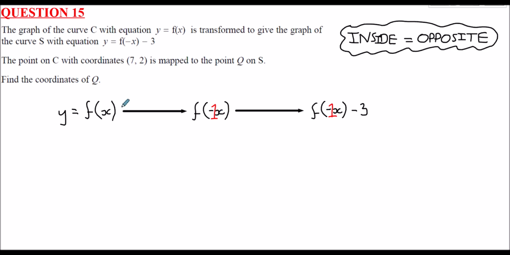So to go from f of x to f of minus x, because it affects the inside of the brackets, it affects x in an opposite to common sense way. So we need to think of this as the x-coordinates being divided by minus 1.